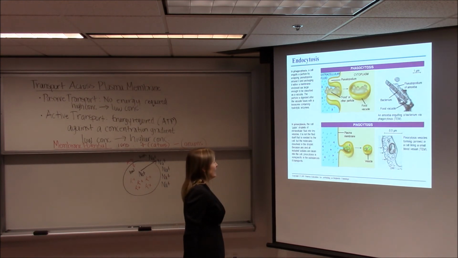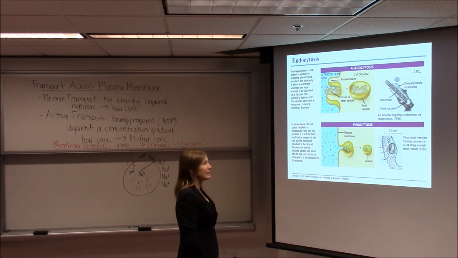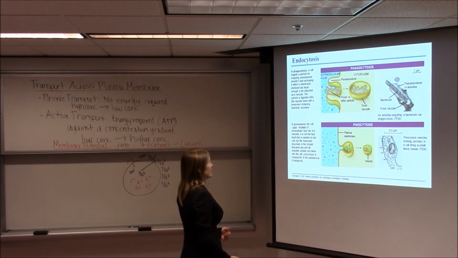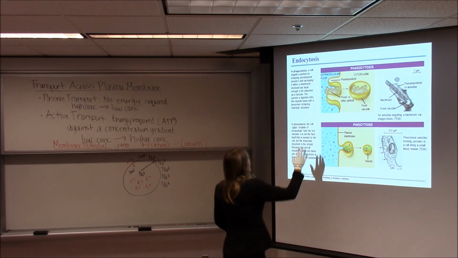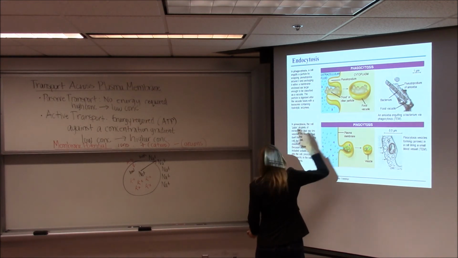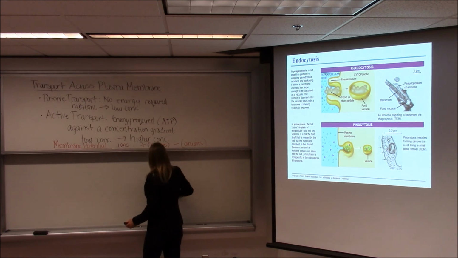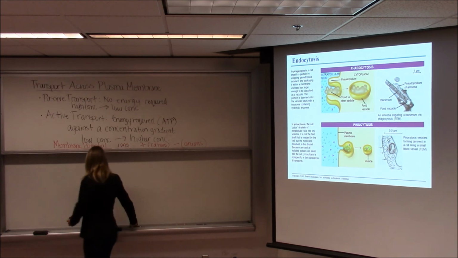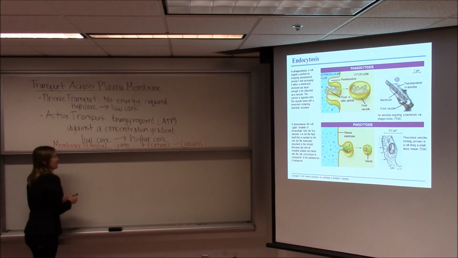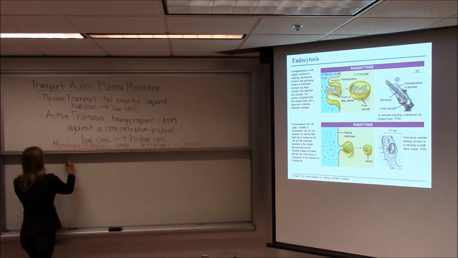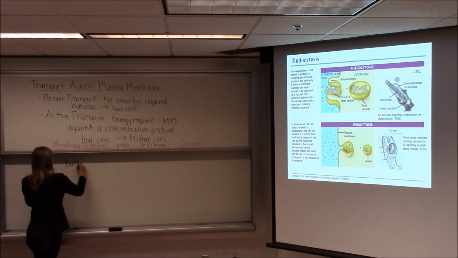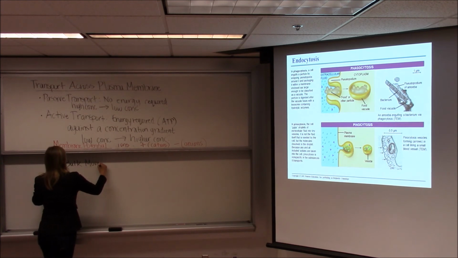Okay, then we have this major category of movement. This is called bulk movement. This is endocytosis and exocytosis. And endocytosis is going to really fall into two categories. So endocytosis is going to be moving materials into the cell. So bulk movement, we're not talking just O2 and CO2 at this point.